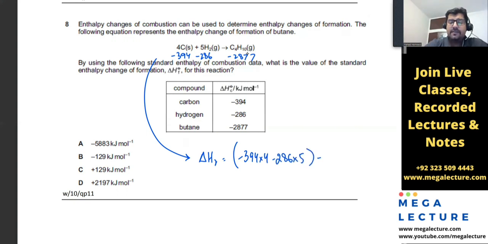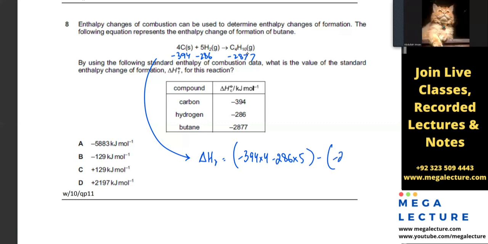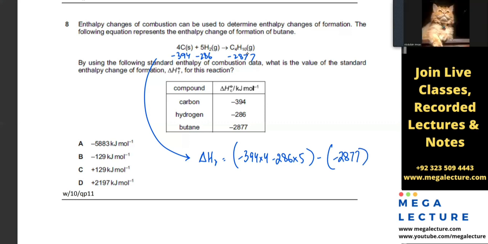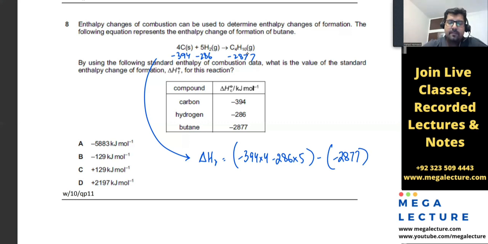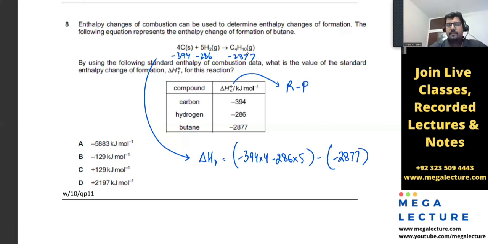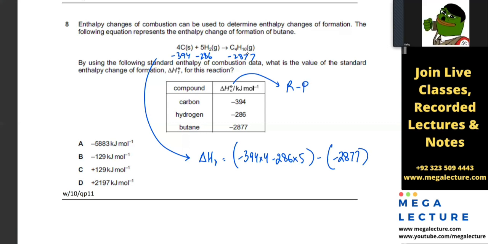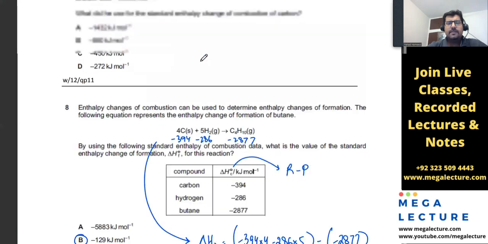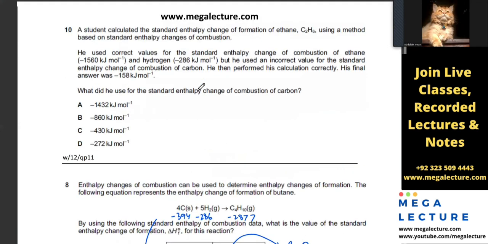So the enthalpy of combustion of reactants minus the enthalpy of combustion of the product, which is minus 2877. That's option B.